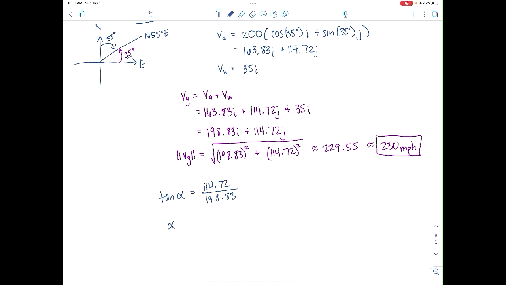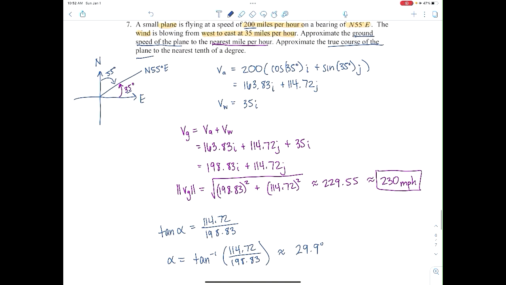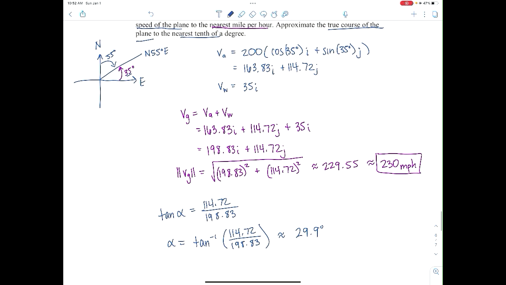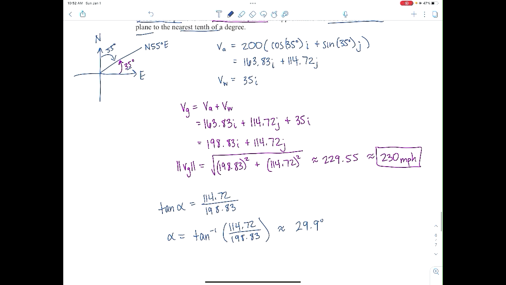So alpha is approximately tangent inverse of this, 114 over 198. This gives us about 29.9, and that one also wants the nearest tenth of a degree. Okay, nearest tenth of a degree gives us 29.9.